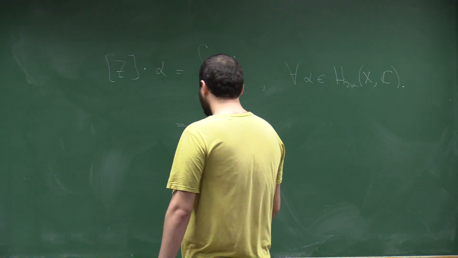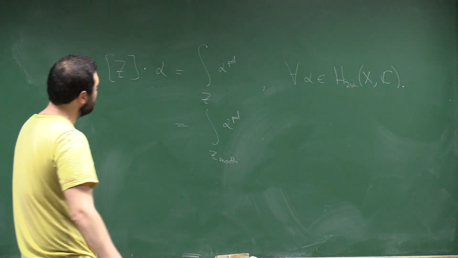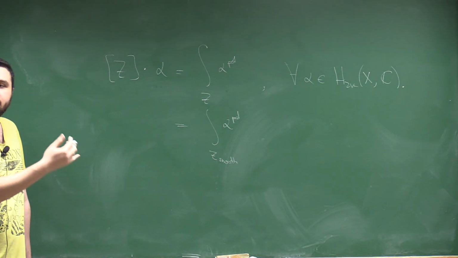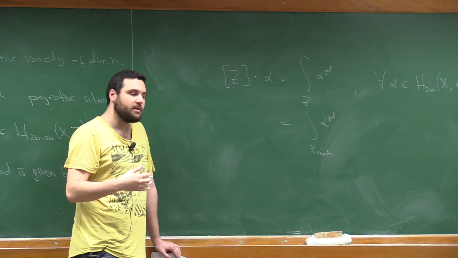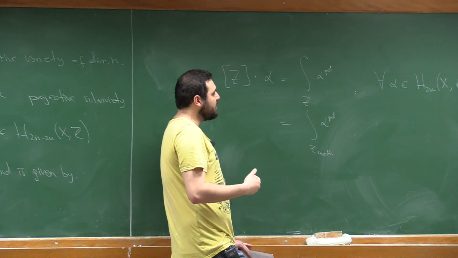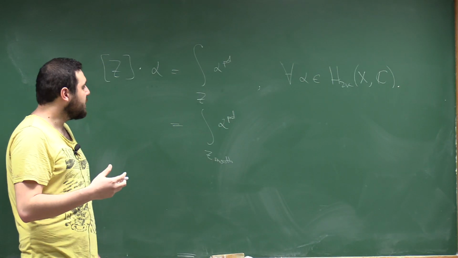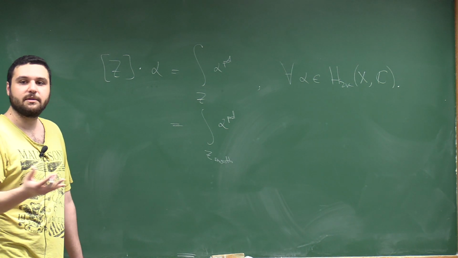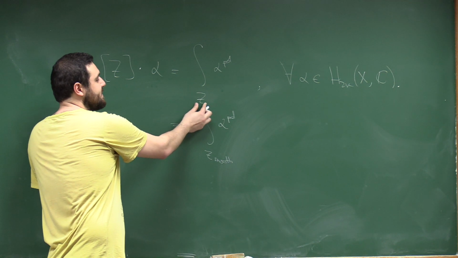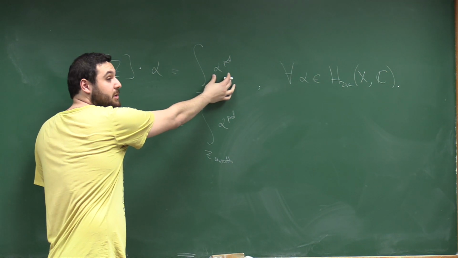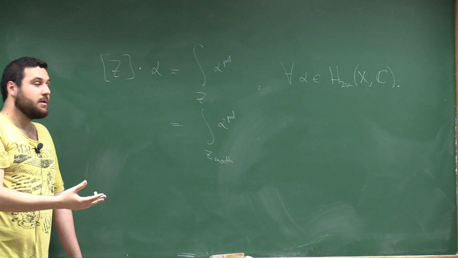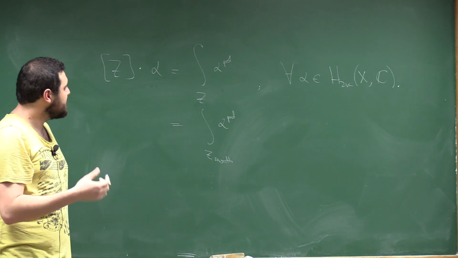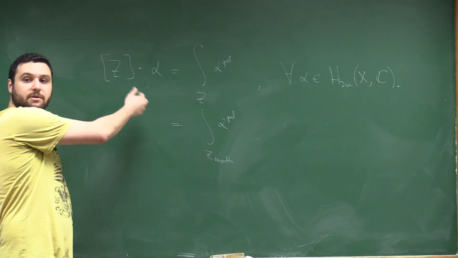Okay. Well, you can also define it on the homology side, using the intersection product. What we're doing is looking at the class defined by Z in the dual of the de Rham cohomology. But we could have done it by looking at the induced class of Z in the dual of the homology, using the intersection product.